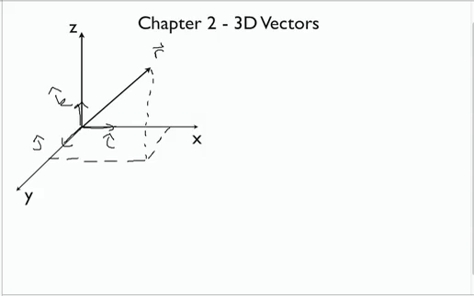Let me get rid of this real quick. And then in that plane, we're going to have a projected vector right here that's going to give us the image of the vector R in the XY plane.